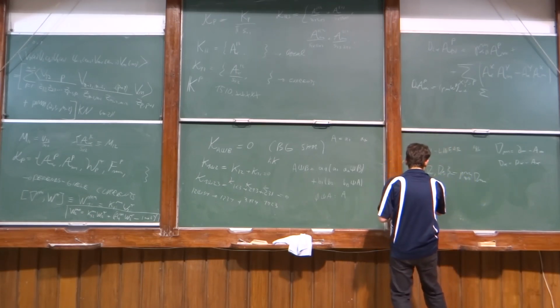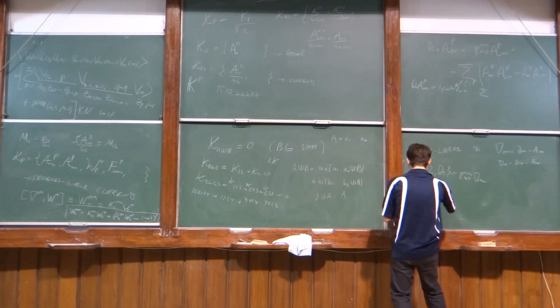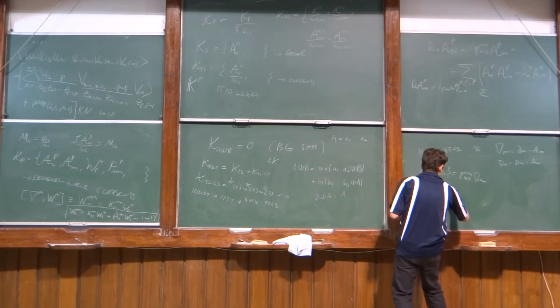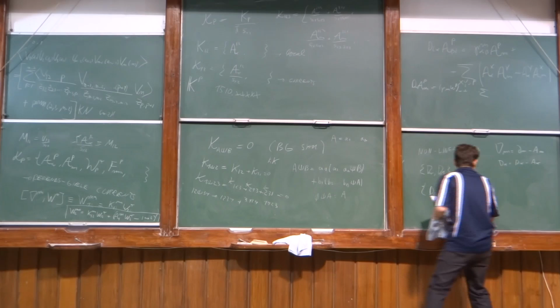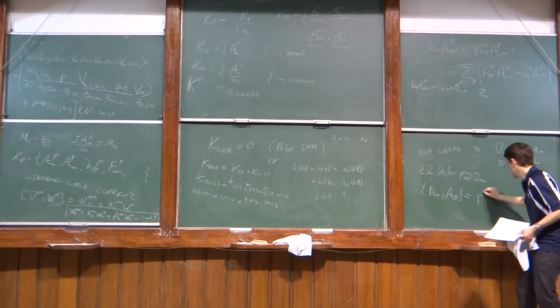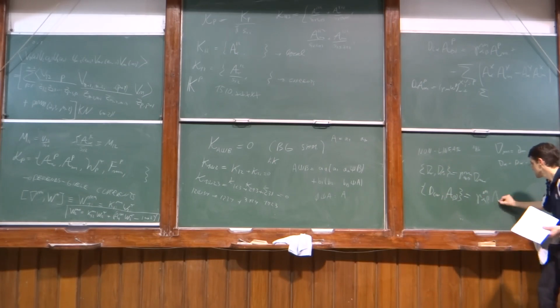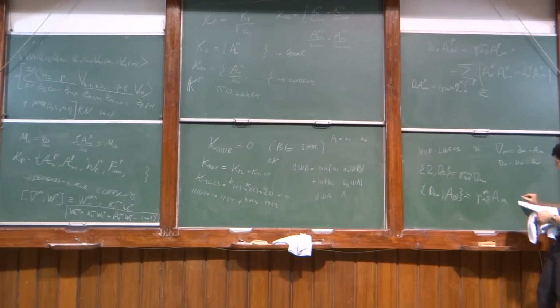I'm just going to write down one to save time. It's AM, and then plus the anticommutator of A alpha A beta.